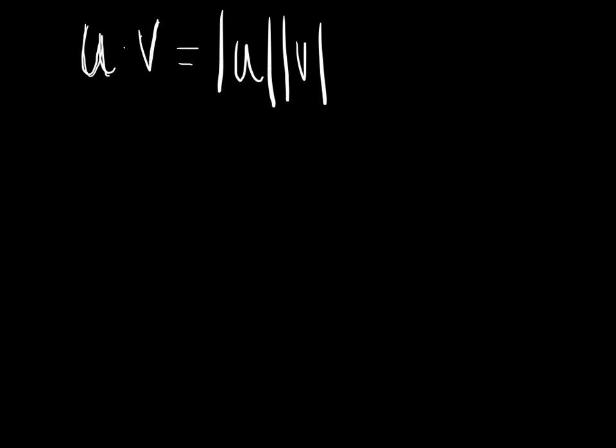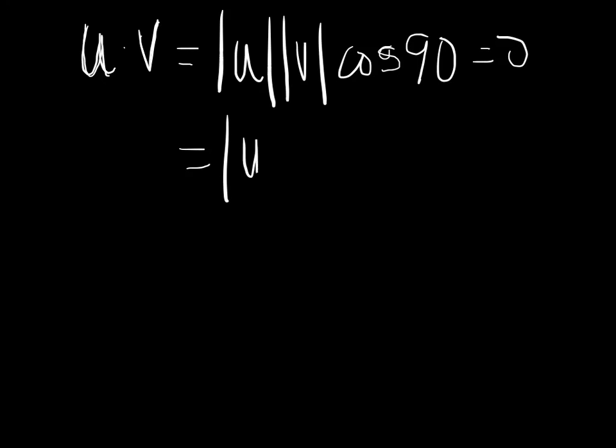Really what that means is, if you have vector u times vector v, using the same thought, the magnitude of u times the magnitude of v times the cosine of 90 degrees, and the cosine of 90 happens to be 0.